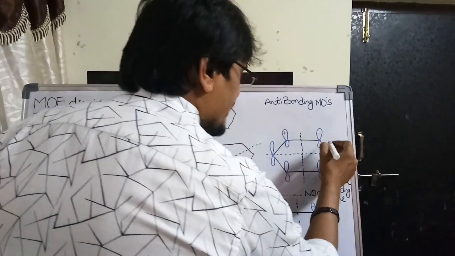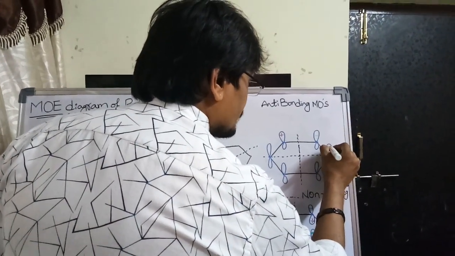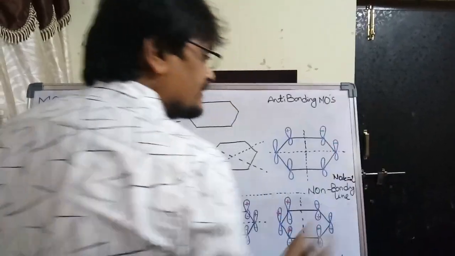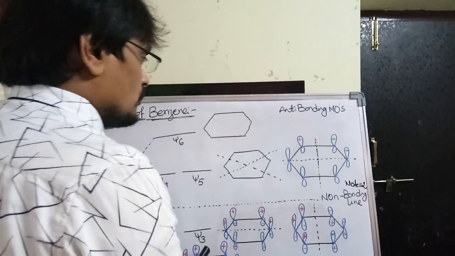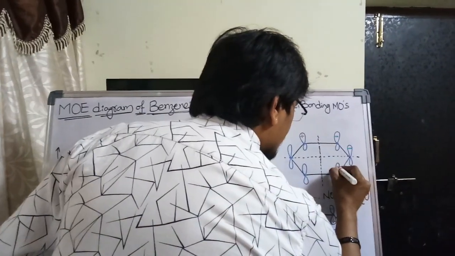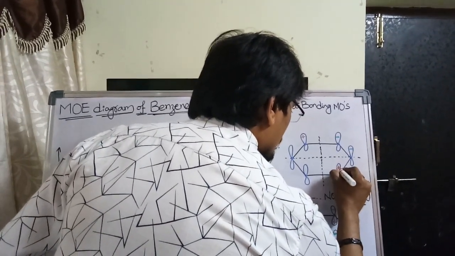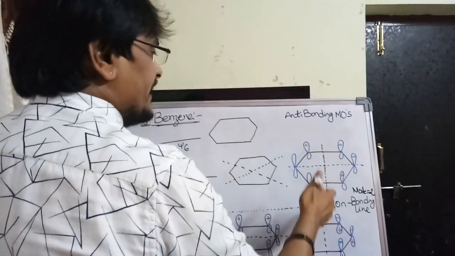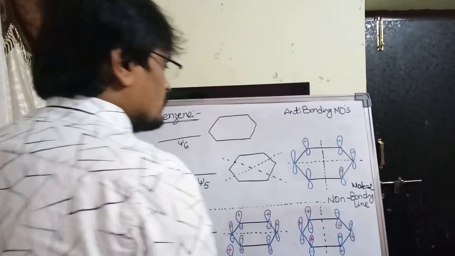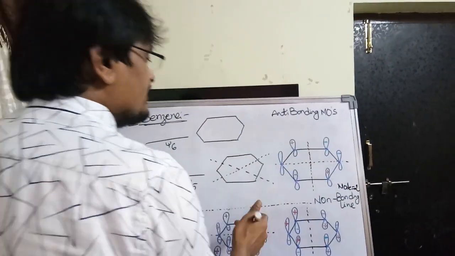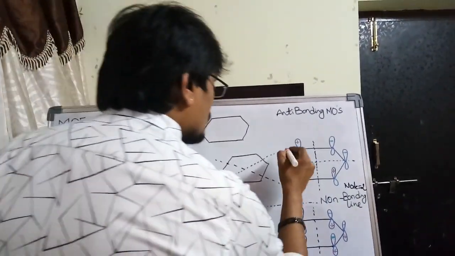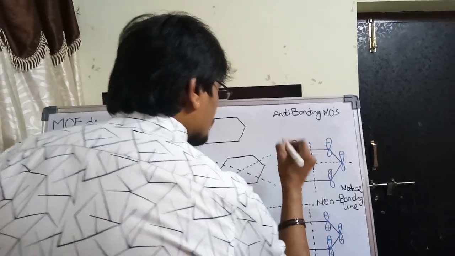Now there is no line, it is negative. Now there is a line, so the phase will change, positive. There is a line, the phase will change, negative. There is a line, the phase will change, positive.